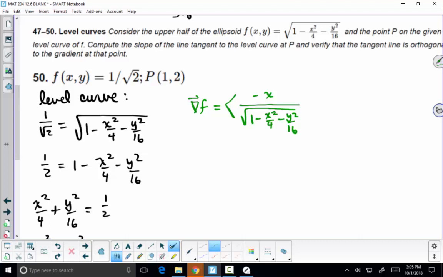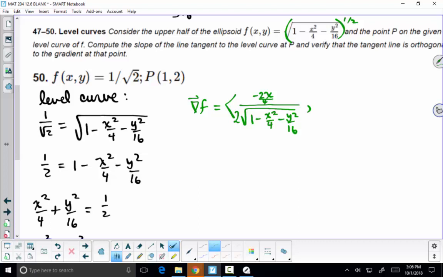Yeah, thank you. So we have this quantity raised to the 1/2. So it's going to be 1/2 quantity raised to the negative 1/2 multiplied by the derivative of the inside. The derivative of the inside is not just minus 2x, it's minus 2x over 4. So there is going to be an extra 4 in the denominator.